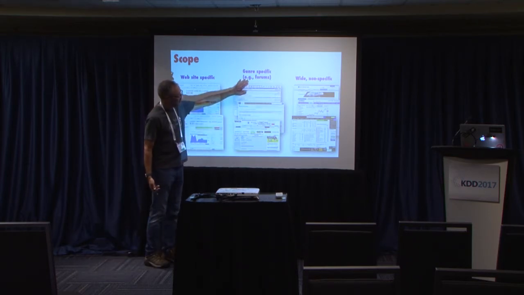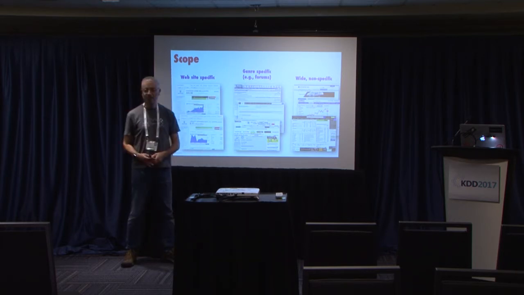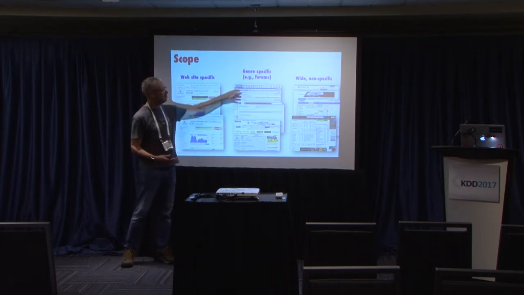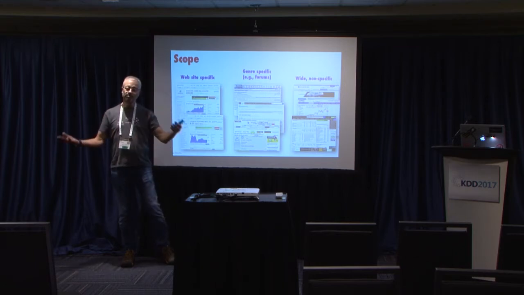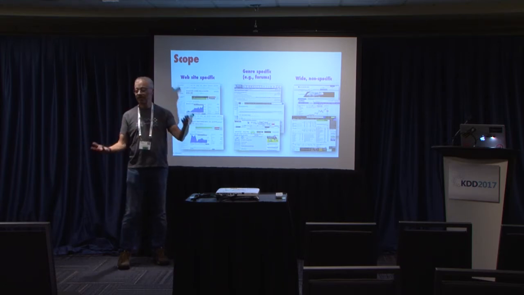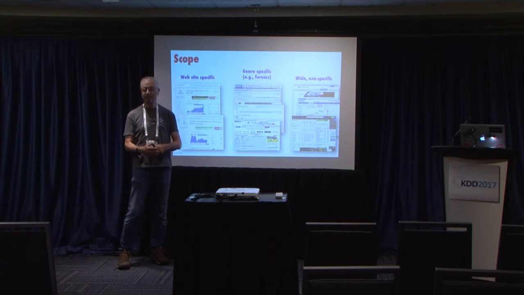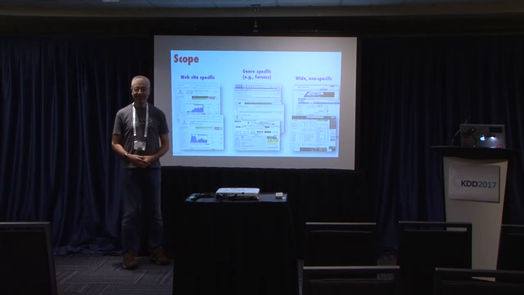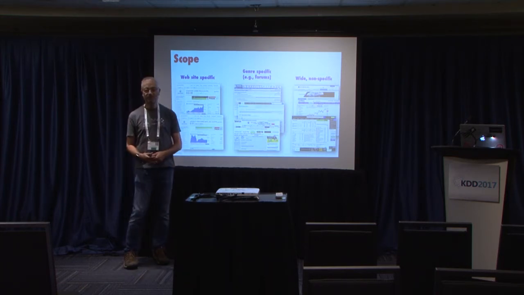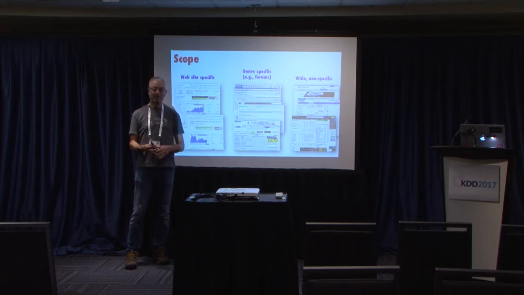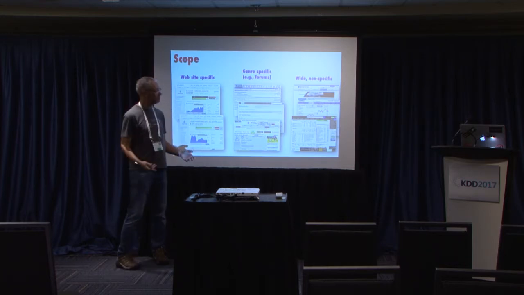Now, you can look at the information a bit more broadly. So I have forums, and all forums look the same. They have threads, and threads have posts, and posts have users, and they have signatures, and so on. So I could try to model the problem as extracting from any forum.